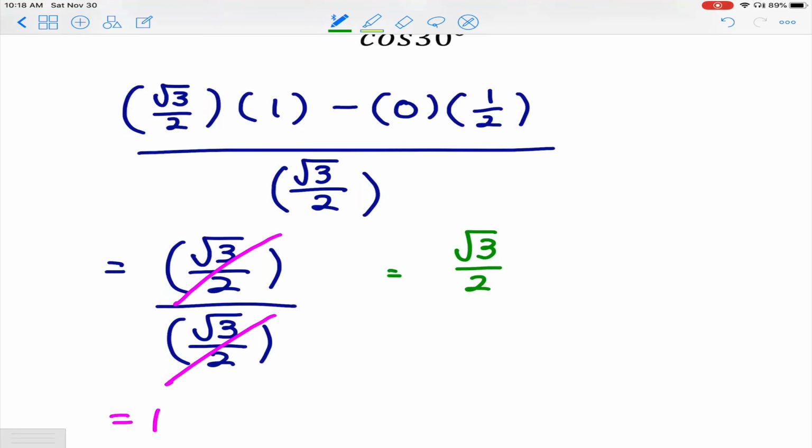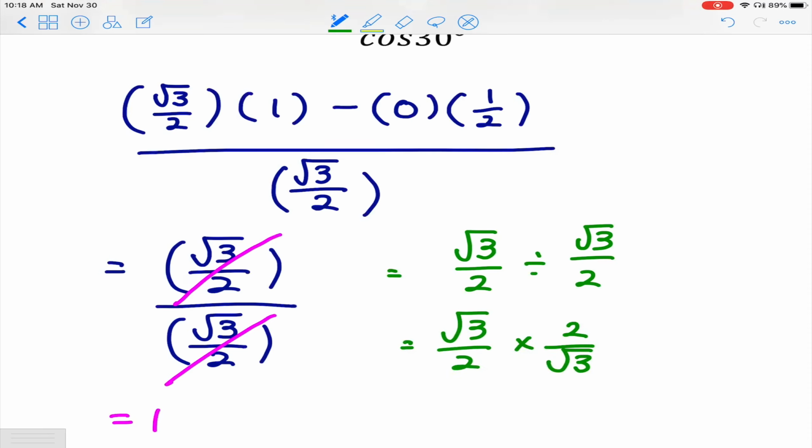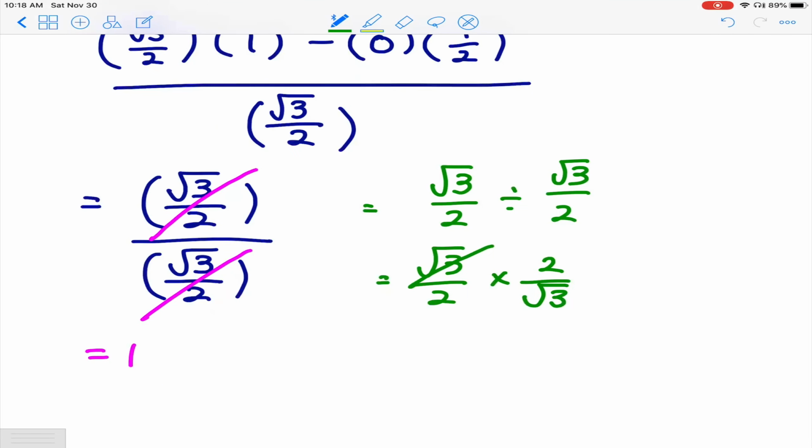Square root of 3 over 2, divided by square root of 3 over 2. So this is square root of 3 over 2 times 2 over square root of 3 because of the division of fractions. You take the reciprocal and then you multiply them. So square root of 3, they're the same. We can cancel it. 2 and 2, they're the same. So it can actually become 1. So this is another skill that you do need to know.